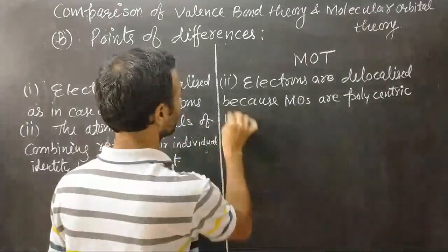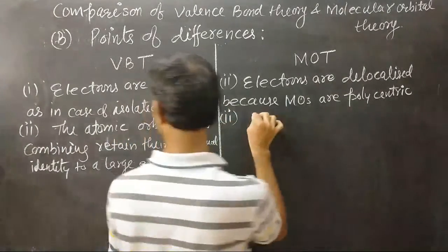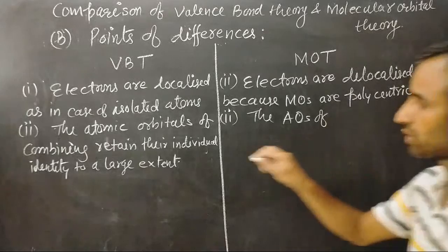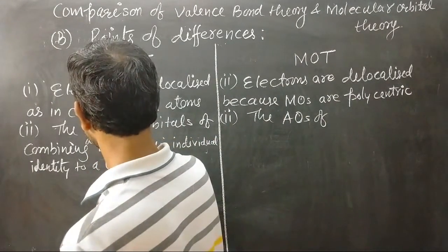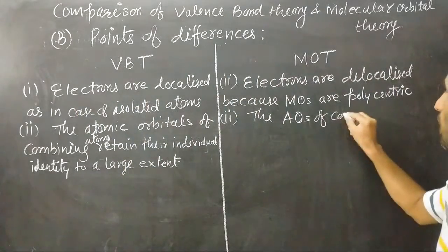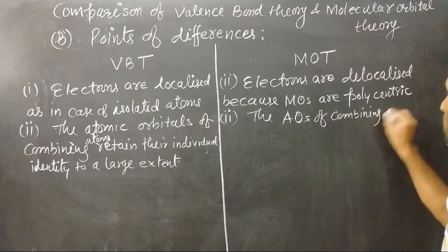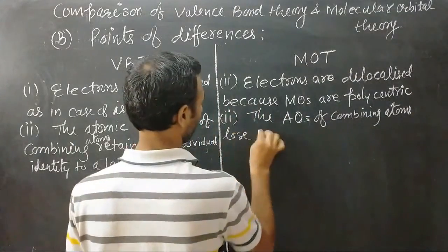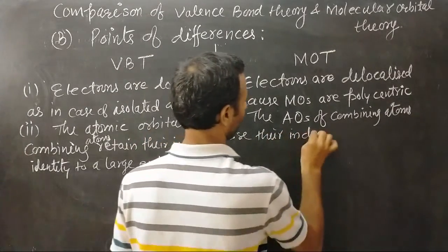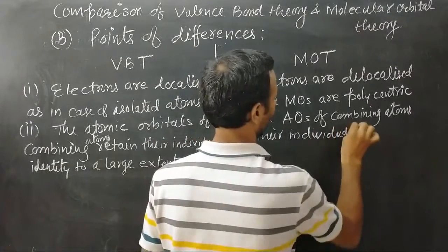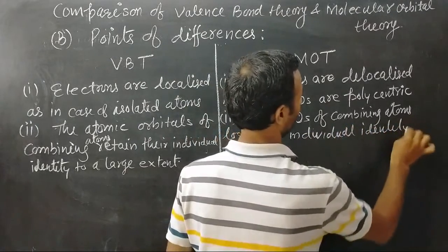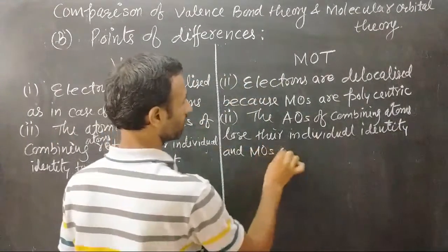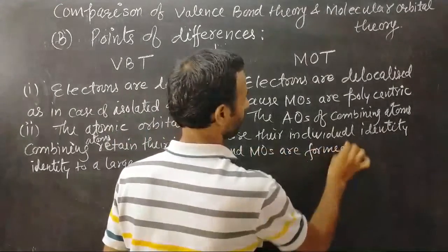But in case of MOT, atomic orbitals of combining atoms lose their identity and molecular orbitals are formed. Right?